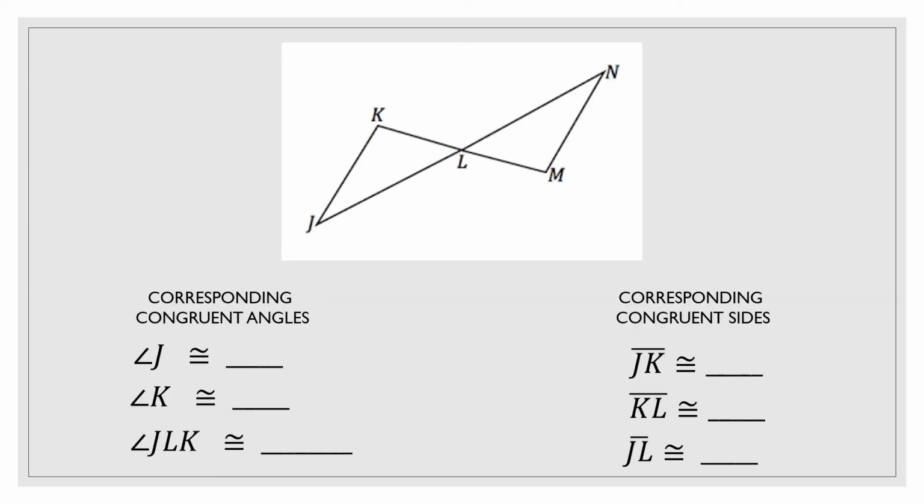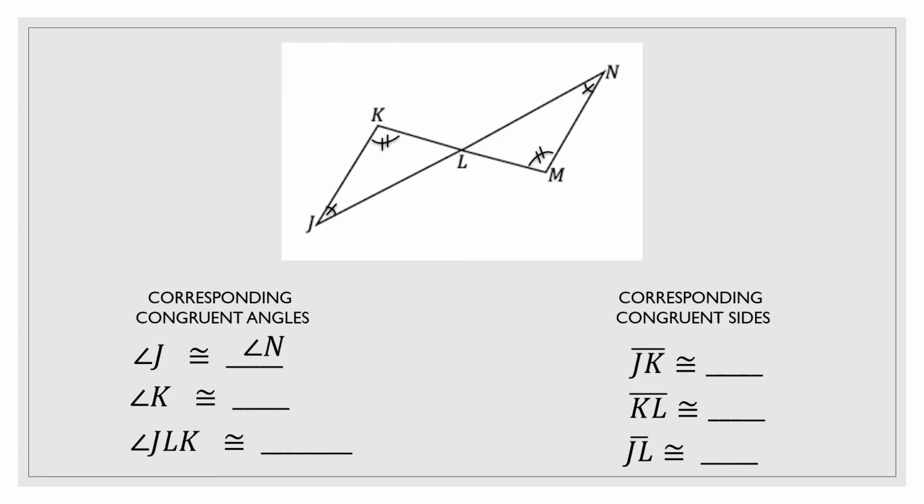Now, using the figure, let us complete the missing corresponding parts of the two triangles. What do you think is the angle that corresponds to angle J? Correct. Angle N corresponds to angle J. So we can now say that angle J is congruent to angle N. How about angle K?